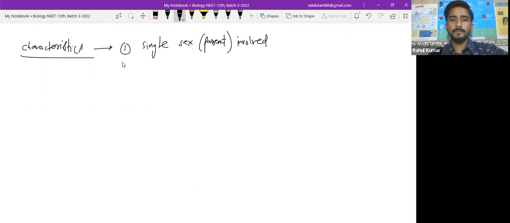Second thing, it is a fast process, requires very short time. Makes sense, right?